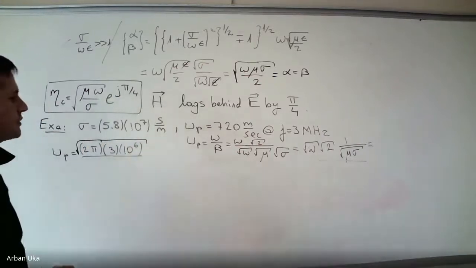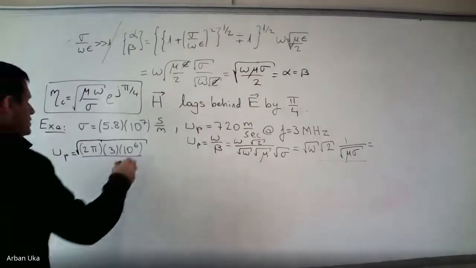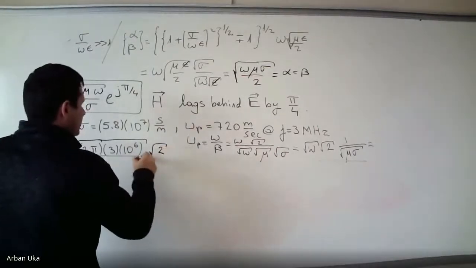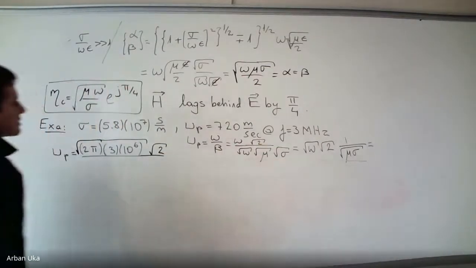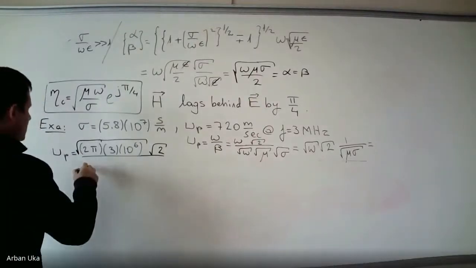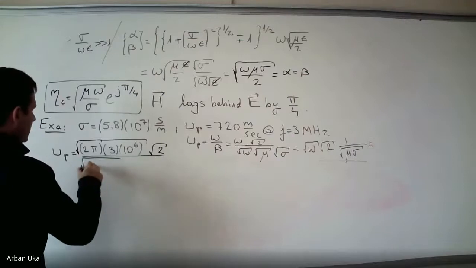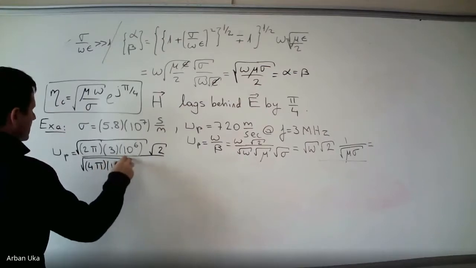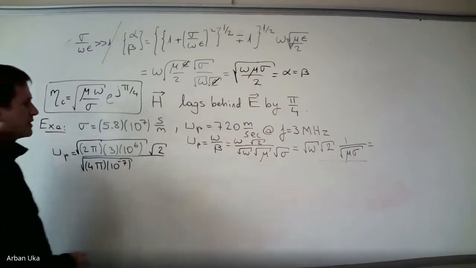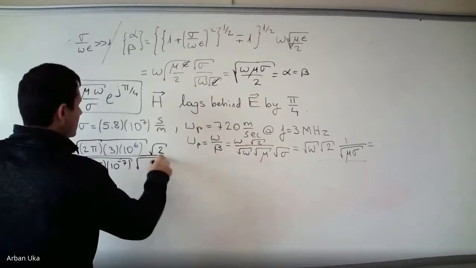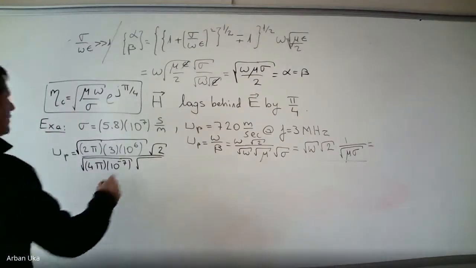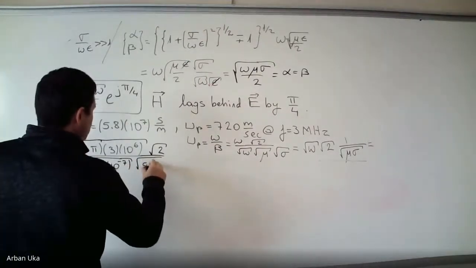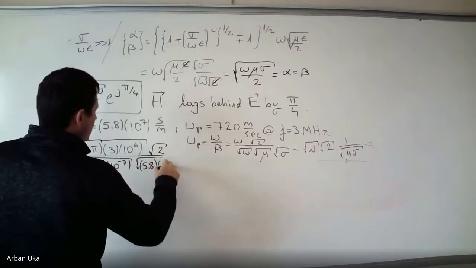So this is square root of omega times square root of 2, which we got there, square root of mu. This is a non-magnetic material because we are not told anything otherwise. This is going to be 4 pi times 10 to the power minus 7, the vacuum permeability, times sigma, the conductivity, which is 5.8 times 10 to the power 7.